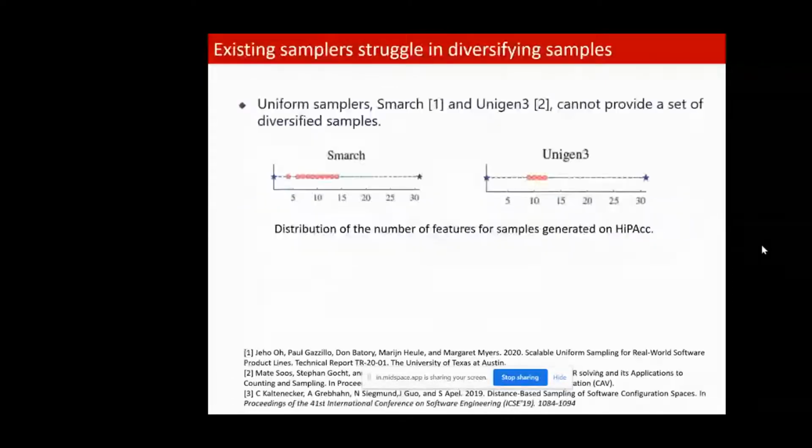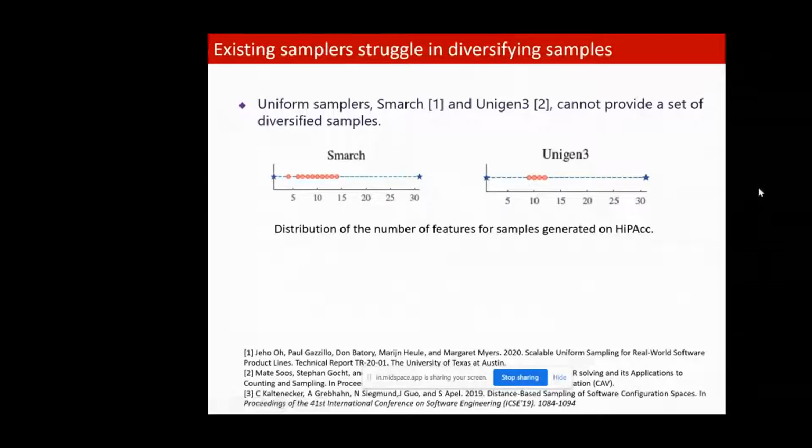But unfortunately, existing samplers struggle in diversifying samples. For example, the uniform samplers SMARCH and Unigen 3 can't provide a set of diversified samples.